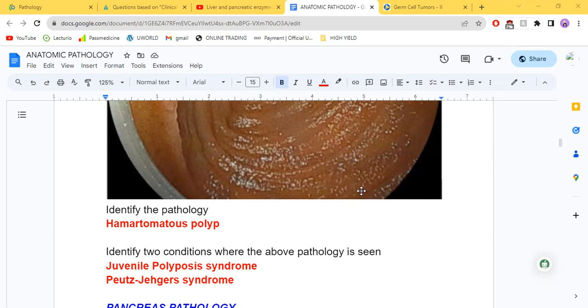So basically, that's what hamartomatous conditions are. They present with hamartomatous polyps. Usually, hamartomatous polyps don't have a high risk of malignancy. That's why we specified that in Peutz-Jeghers syndrome there's a high risk. This one is special because they have a higher risk of becoming malignant.